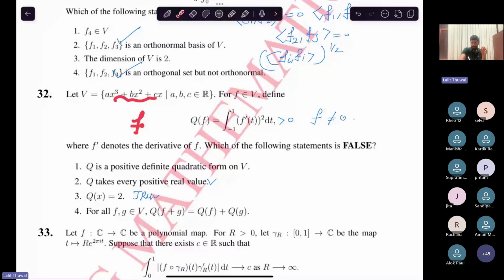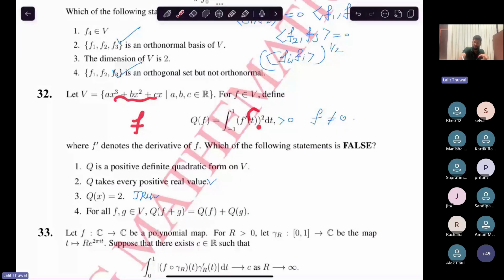Its derivative may be constant, but its square is a function which is non-vanishing at least at some point and non-negative. So the square of f dash t is always a non-negative, non-zero function. Non-negative non-zero means it might take 0 values, but it is not identically 0.